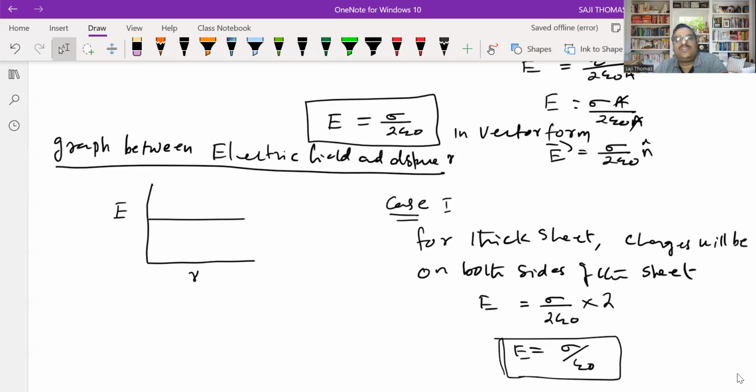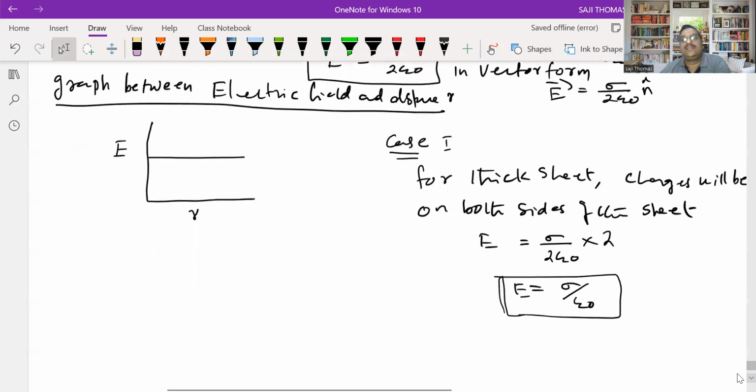What is the equation for the electric field intensity? Sigma by 2 epsilon 0. That is for thin sheet. When you consider a thick sheet, what is the equation? Sigma by epsilon 0. Okay. So in vector notation, we can write E bar equals sigma by epsilon 0 n hat. This is the special case.